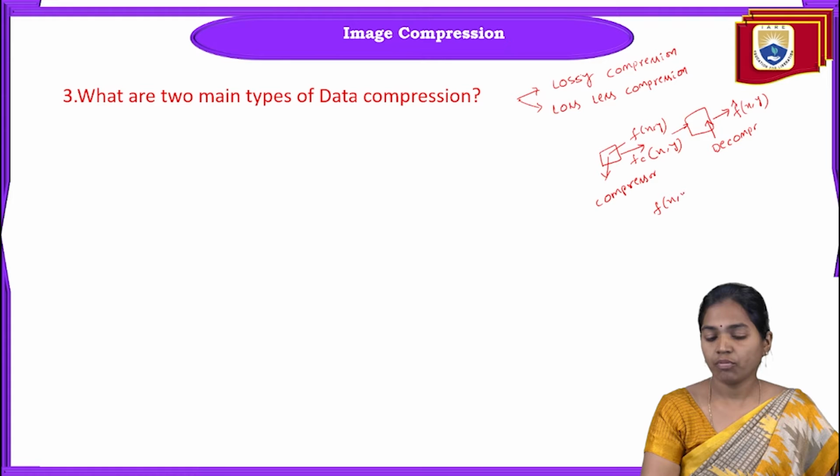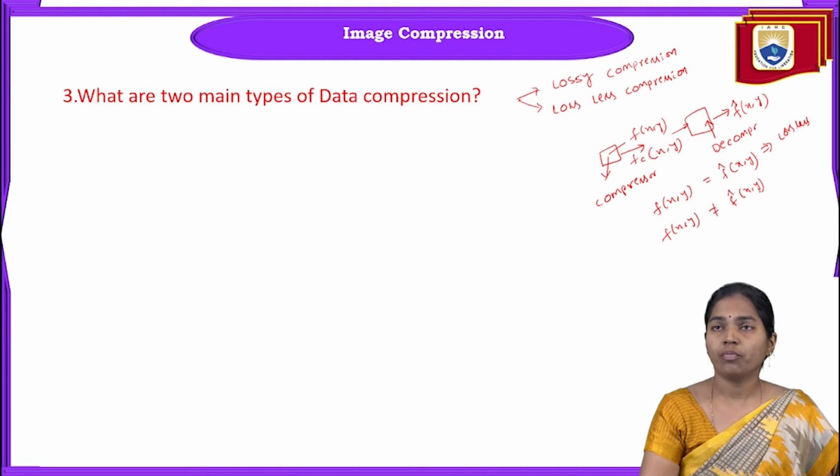When f of x comma y is equal to f cap of x comma y, it is lossless compression. When f of x comma y is not equal to f cap of x comma y, it is lossy compression.